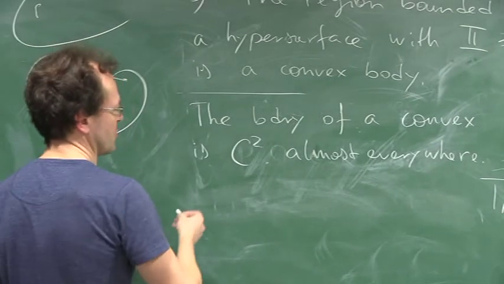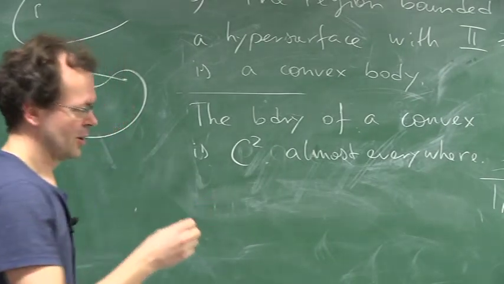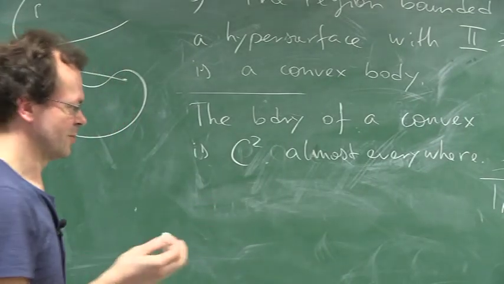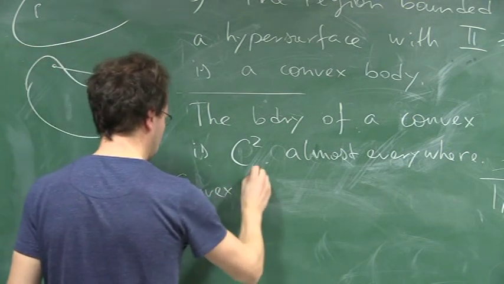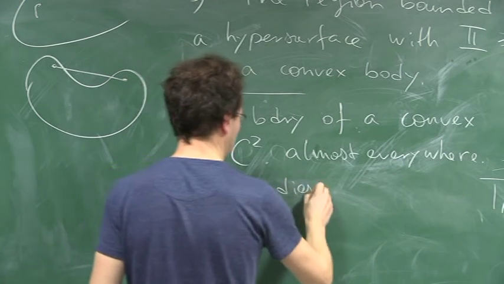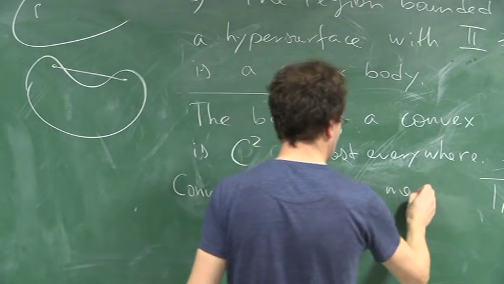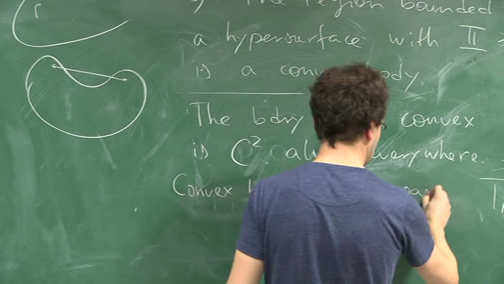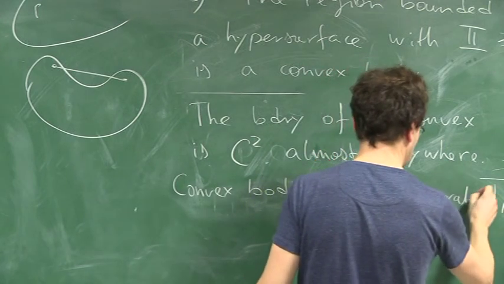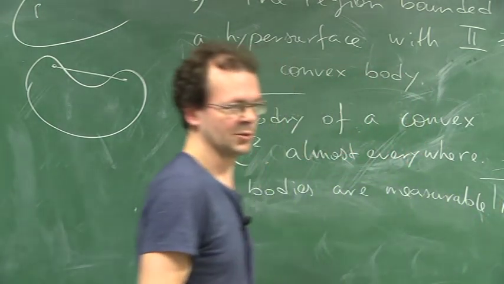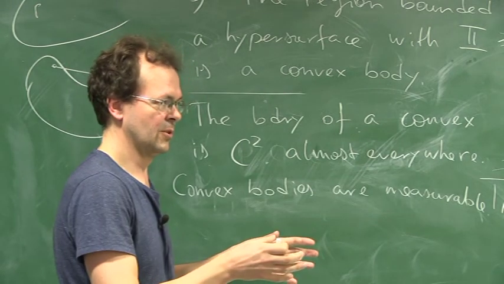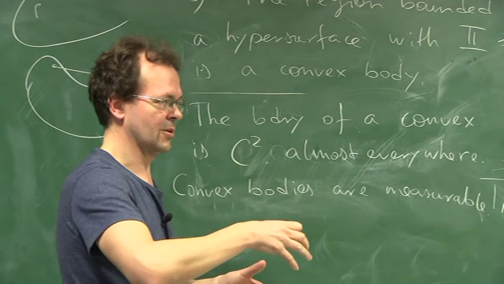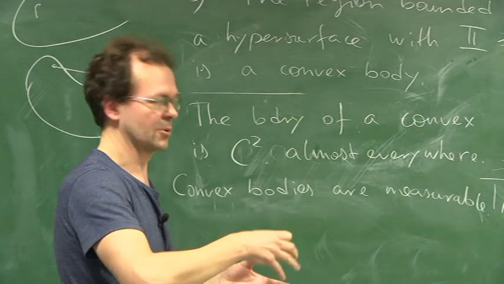So one last remark in this first part is that convex bodies have a well-defined volume. Convex bodies are measurable. And they are even Jordan measurable. So if you don't need to assume countable additivity, it's enough to have the finite additivity and take the inner measure versus the outer measure, and they will be equal.